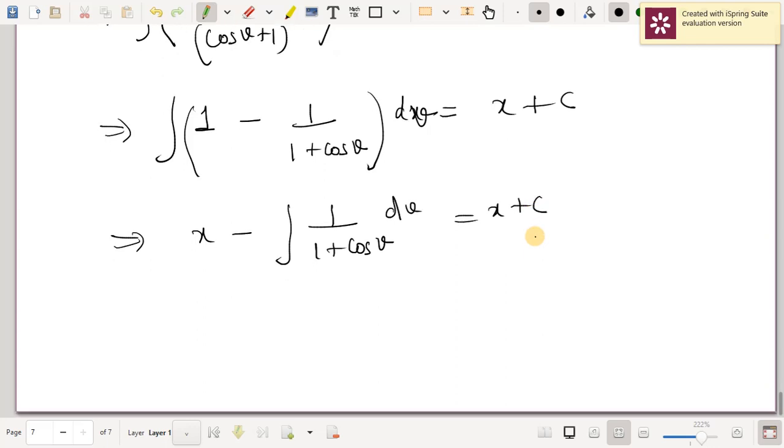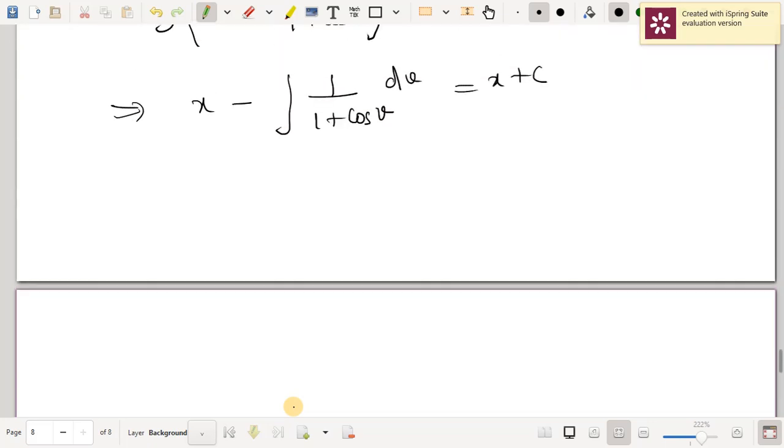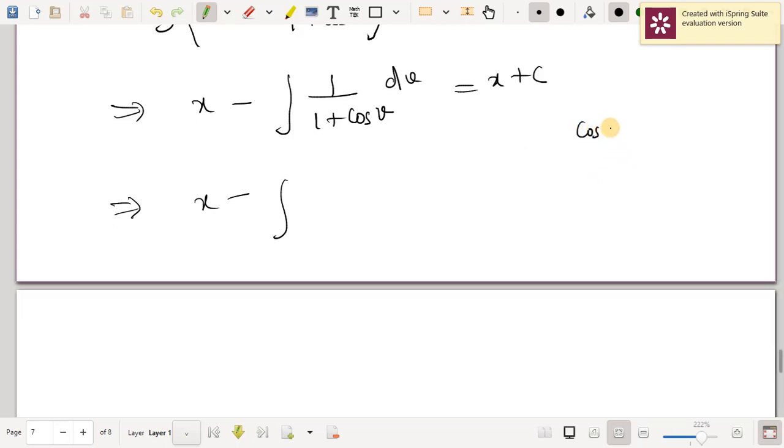So how would we integrate this? Again, we use a basic rule over here, some standard trigonometric property. We know that cos of 2a is the same as 2 cos square of half of this parameter, that is a, minus 1.